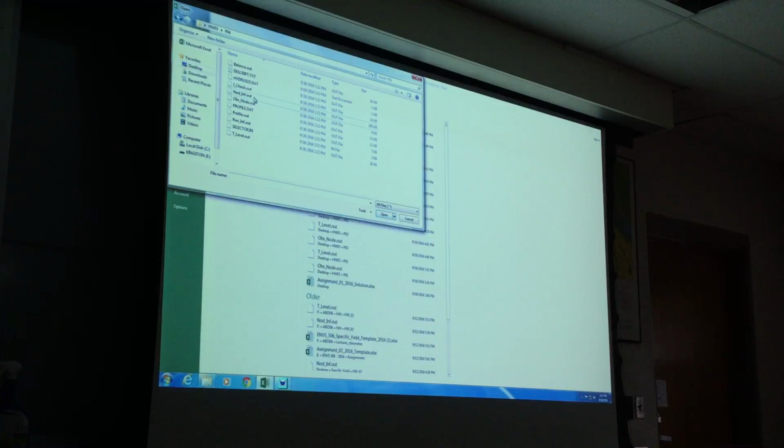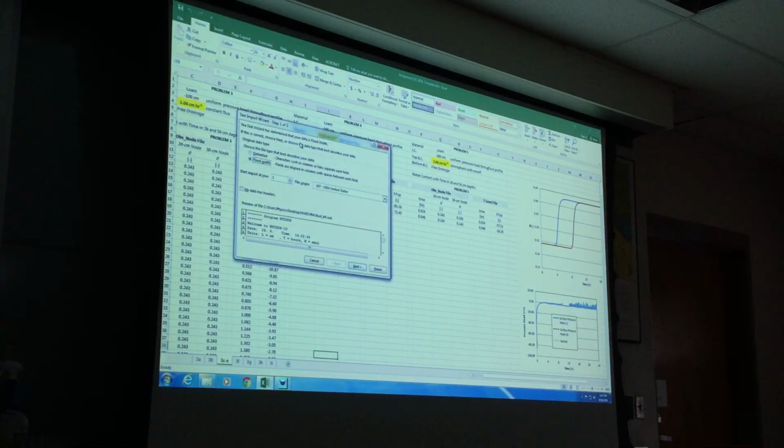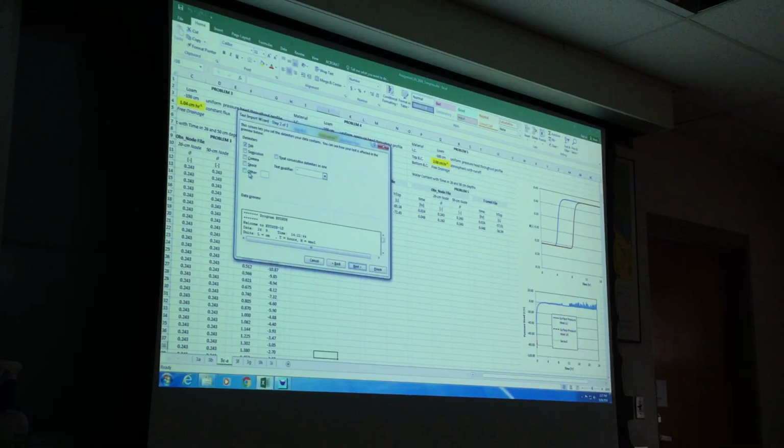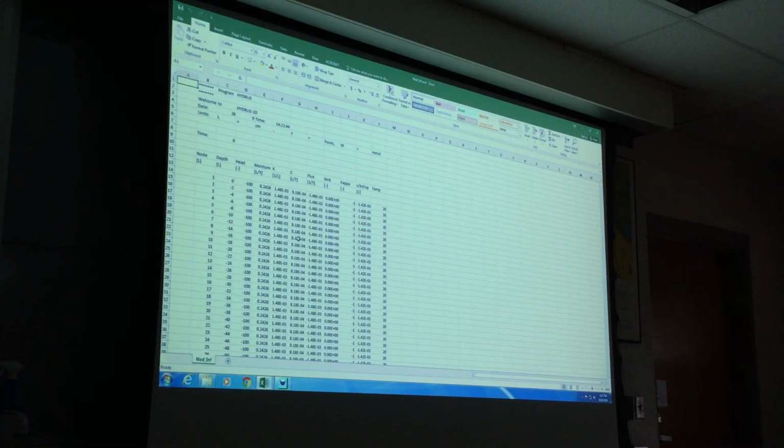There's this node information output file. We want to limit it, then we have a separation space, finish. Here we basically have the depth increments, which of course go from 0 to minus 202 centimeter increments.